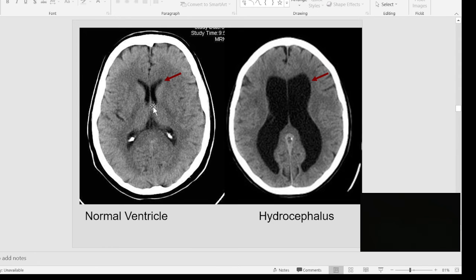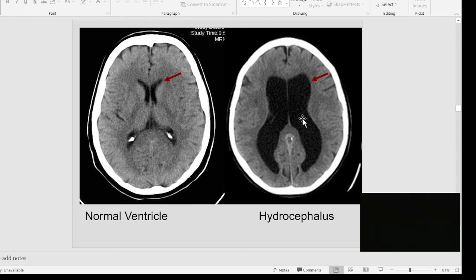So this is the normal ventricle of the brain. If you have hydrocephalus, so what happens? This is an example of intracranial, non-communicating. Yes, buildup of fluid now within the brain.